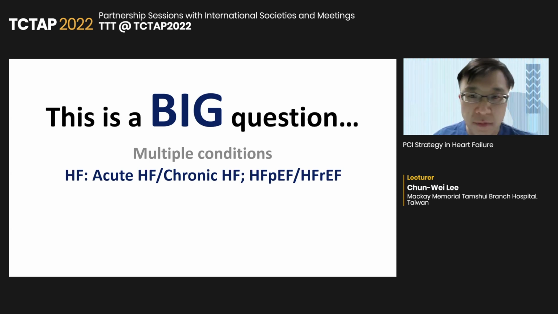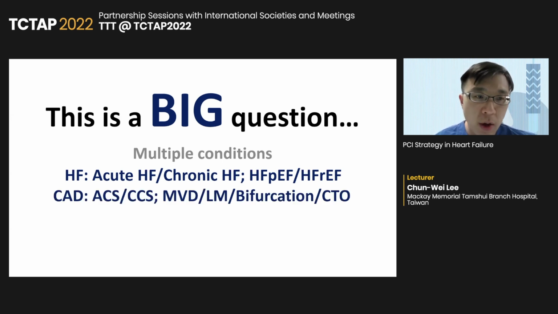And if we divide it by the left ventricular ejection fraction, we could also separate them into HFpEF and HFrEF. Meanwhile, according to the condition of PCI or coronary artery disease, there are acute coronary syndromes or chronic stable CAD.